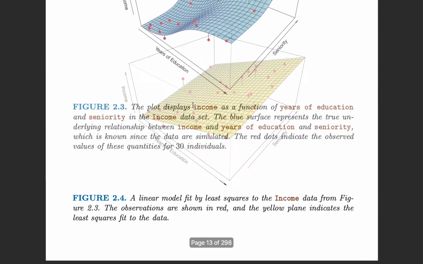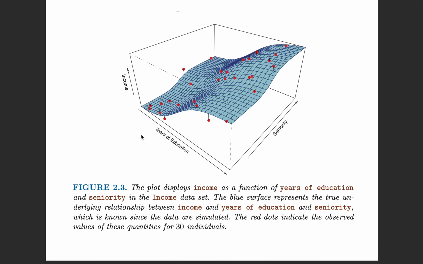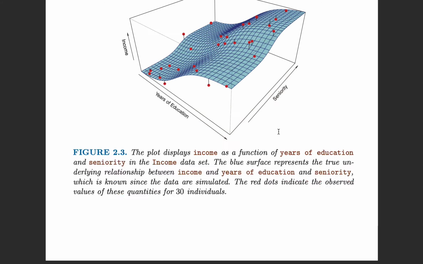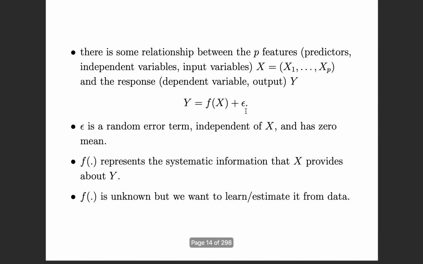For example, when it comes to income, obviously years of education and seniority play a big role, but there are so many other factors that go into income that they cannot be captured only by years of education and seniority, or maybe three other ones, and that's what epsilon represents. And the whole idea is that we would like to learn f. We would like to estimate it from the data.